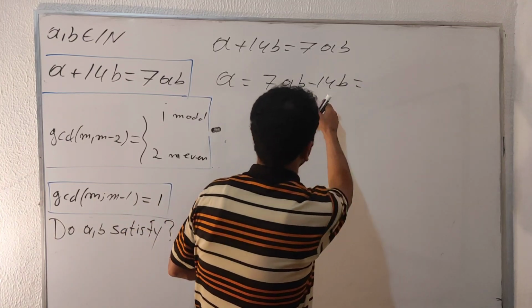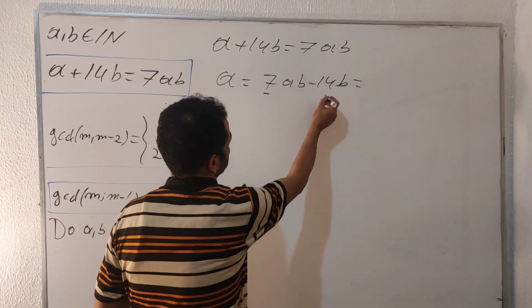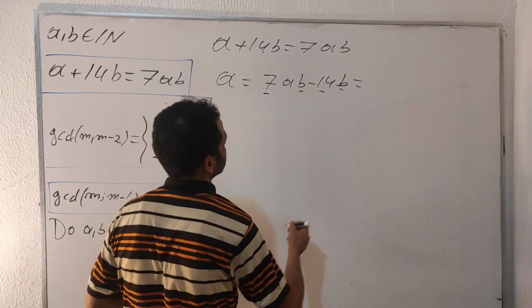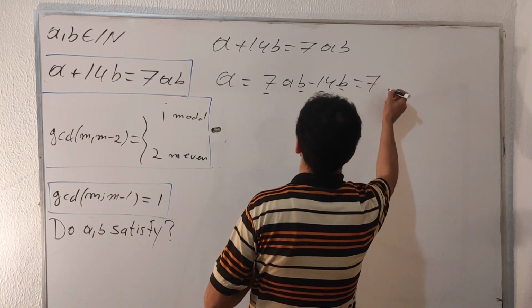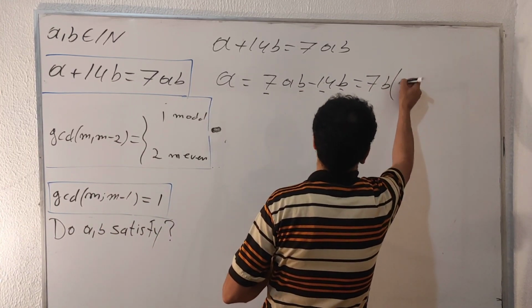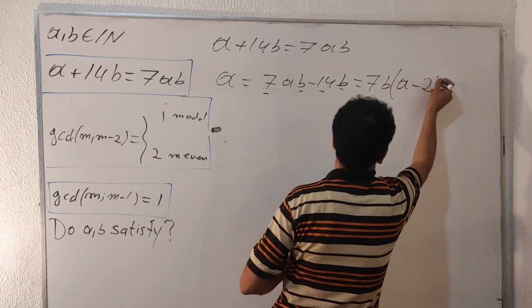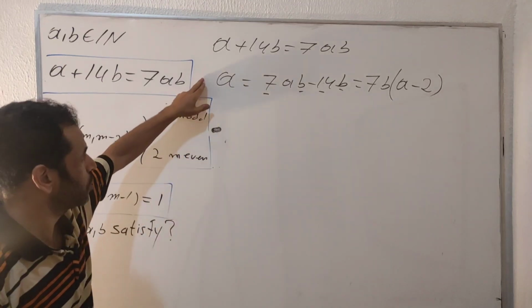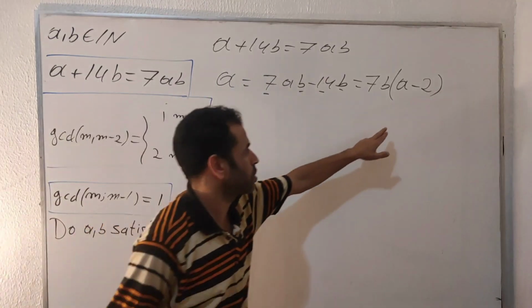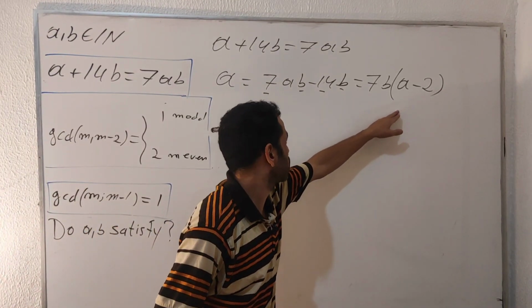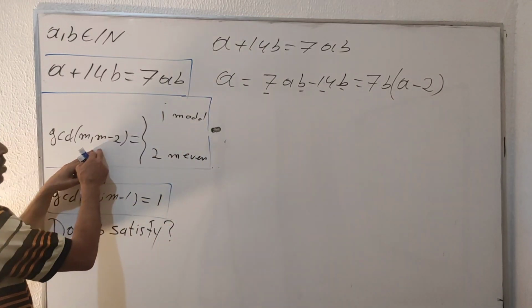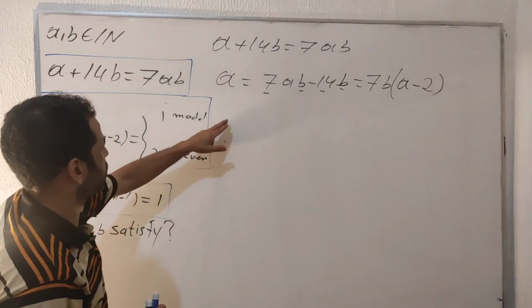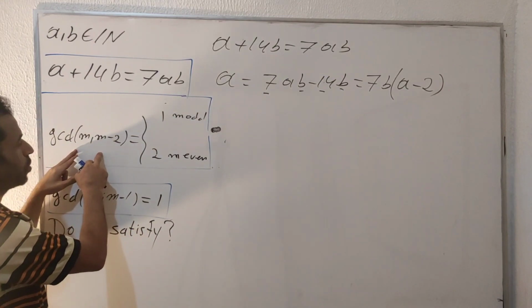Taking 7b as a common factor, since we have 7 here, and 14 and b here, we get 7b times a minus 2. If you take a look, we get a minus 2 here, which is similar to the proof that we had before, and that's the reason why we proved it.